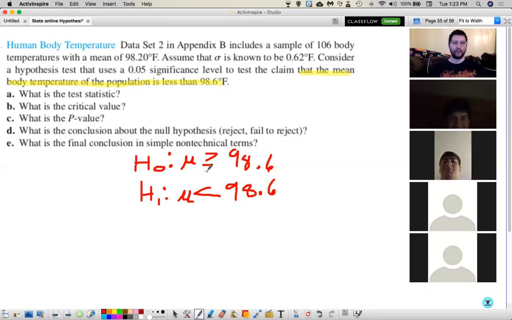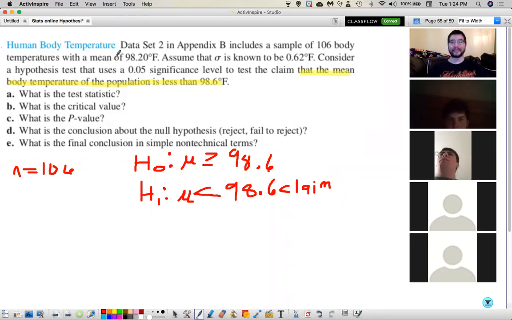So start with that. Where's our claim? That's less than. Our claim is in the alternative. Okay. Now we need to get our information from the problem. N, 106. That's how many items are in our sample.